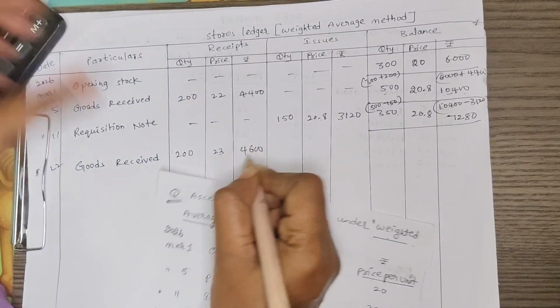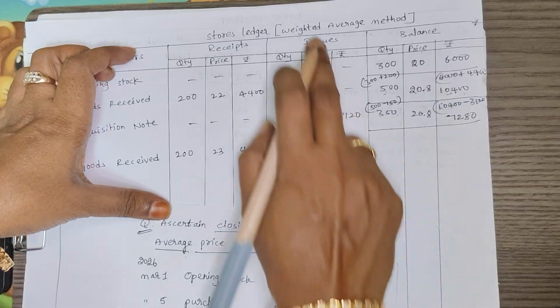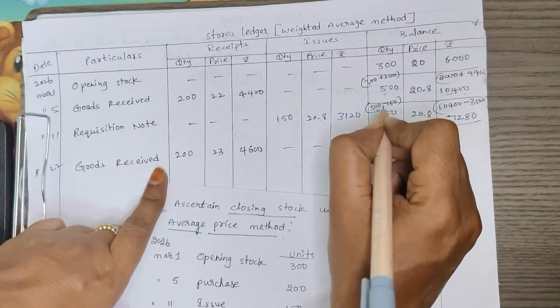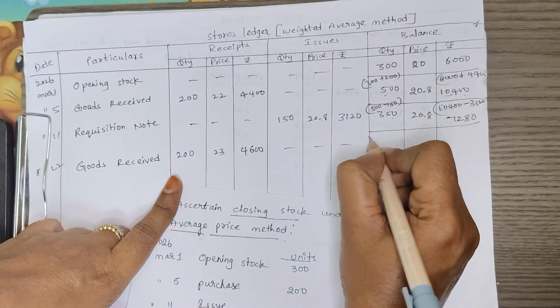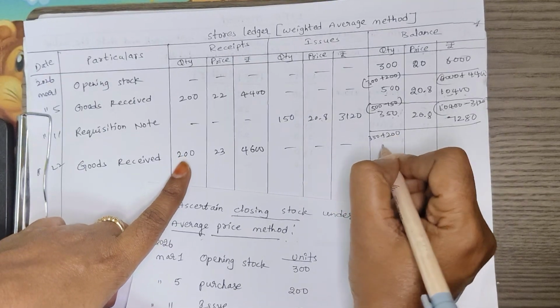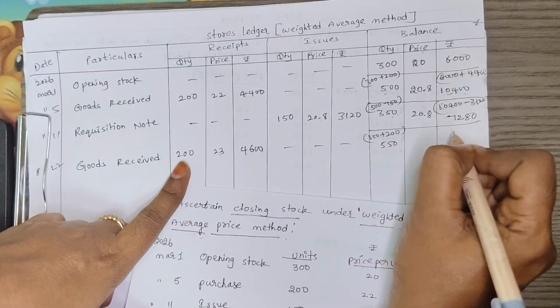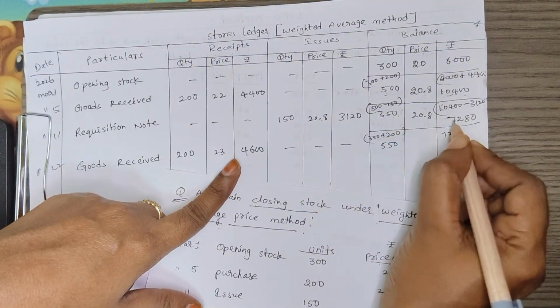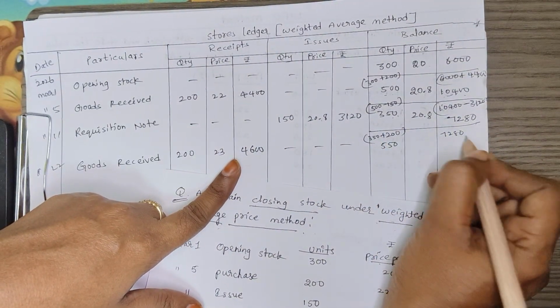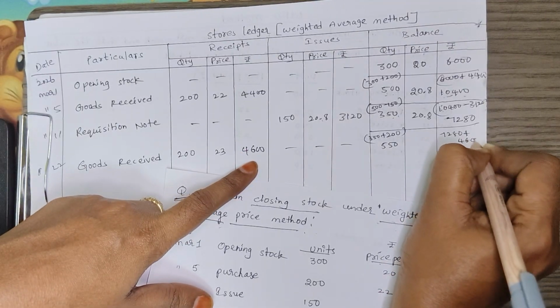4,600. Okay. When you are purchasing goods, again we need to find out the weighted average price. So already available stock 350 plus again we purchased 200. Total available stock in our store 550. Okay. And the value of 350 units of stock is 7,280 plus again we purchased 4,600 worth of stock.